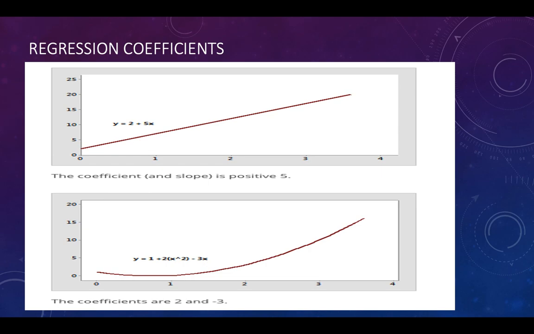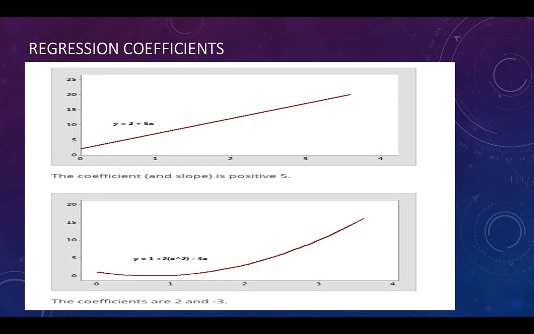So when x is 0, y is equal to 2. Similarly, if x equals 1, then y equals 2 plus 5 into 1, so it will be 7. In that case, you can see the graph. Here the coefficient has a positive sign, positive 5, so I got this kind of graph.